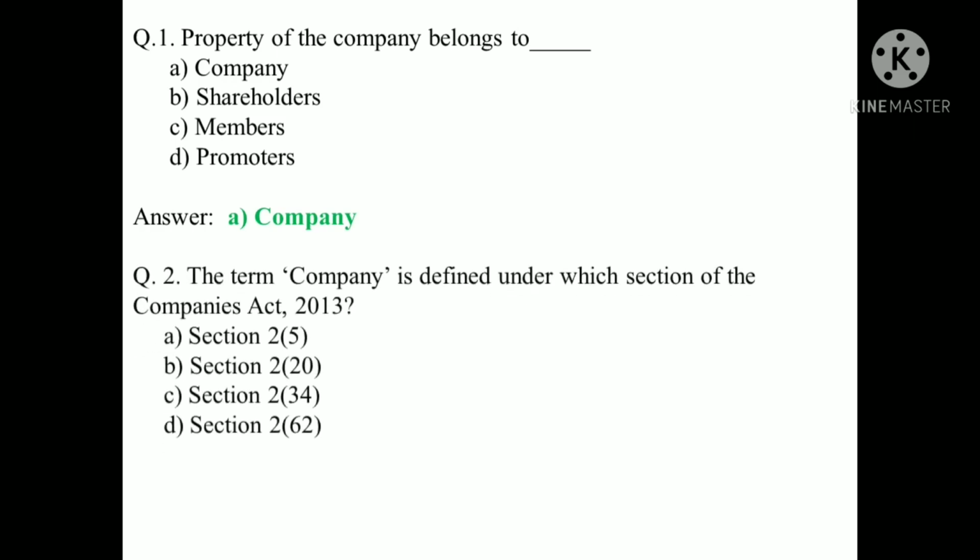Next question is, the term company is defined under which section of the Companies Act 2013?